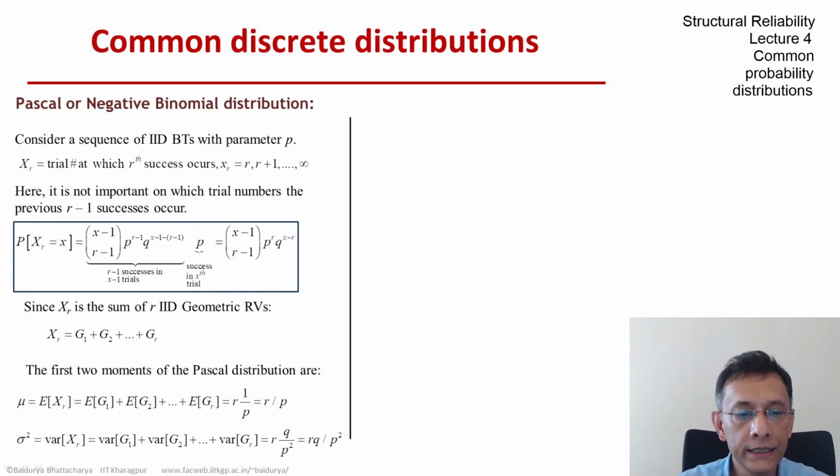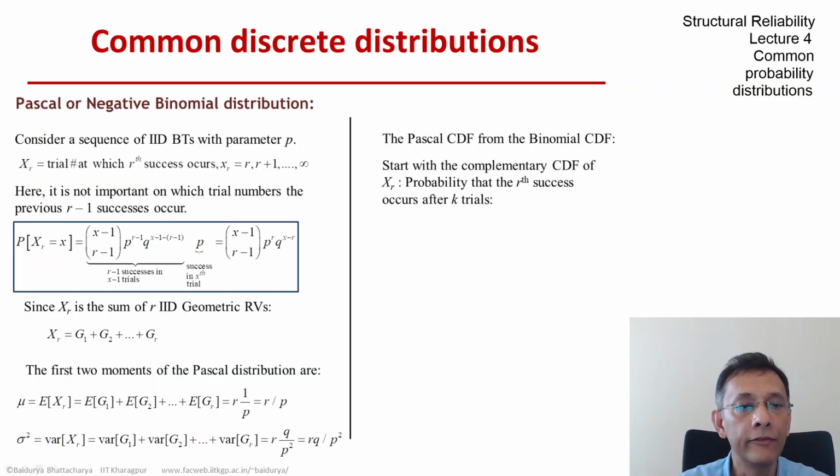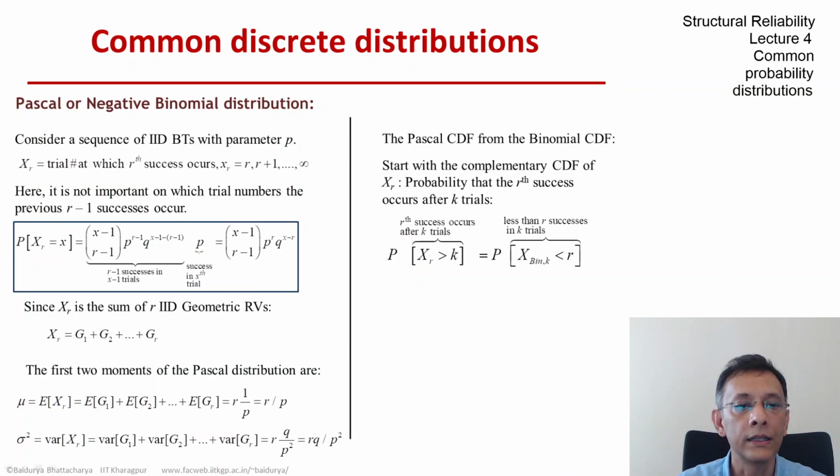The Pascal CDF can be derived from the binomial CDF, if you just start with the complementary CDF of X_r: the probability that the success number r occurs after k trials is that there are less than r successes in k trials.